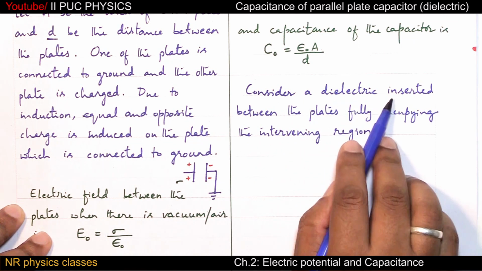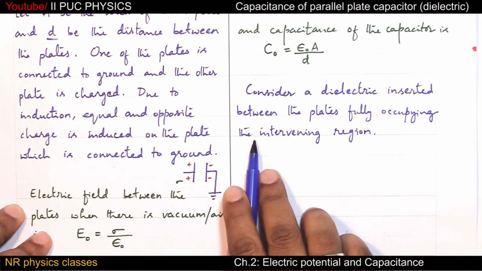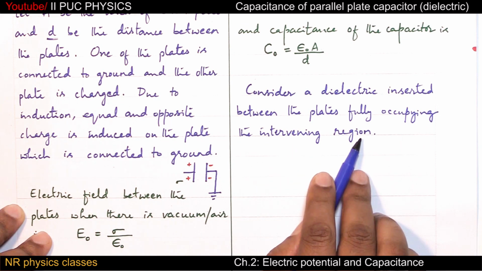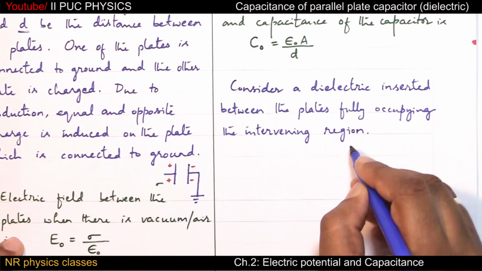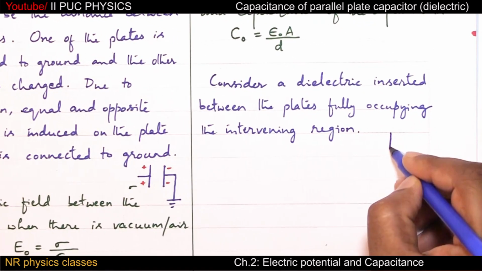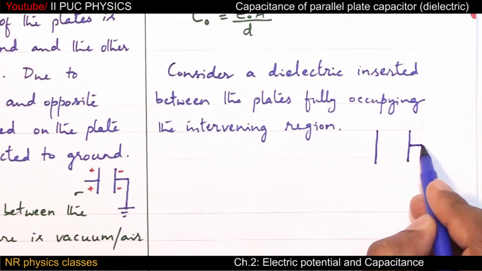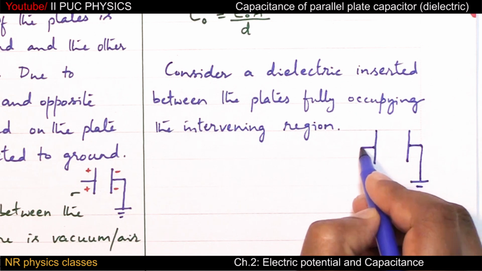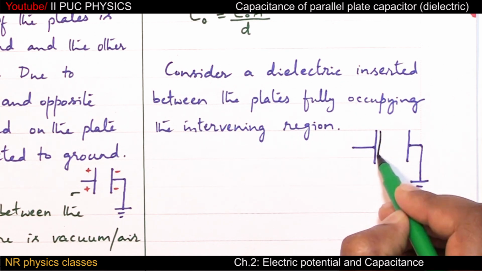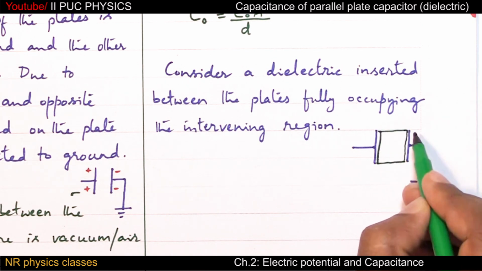Consider a dielectric inserted between the plates, fully occupying the intervening region. So in this case, if this is a capacitor, one of the plates is connected to ground, there is a dielectric medium, suitable dielectric medium between the plates like this.